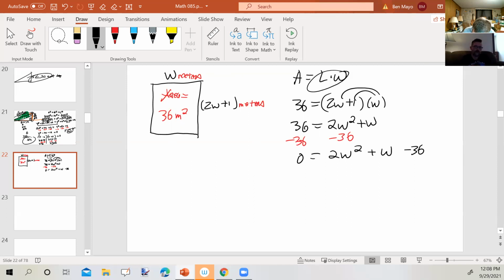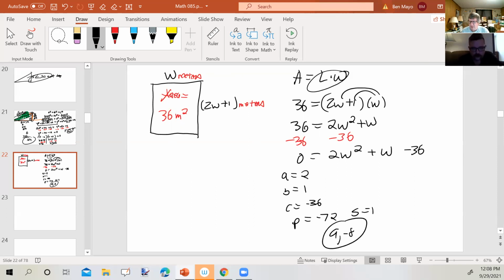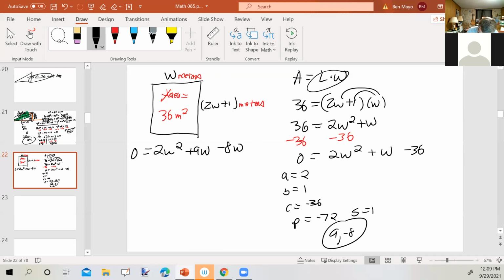So if A is 2 and B is 1 and C is negative 36, the product is negative 72 and the sum is 1. How about 9 and negative 8? 9 times negative 8 is negative 72. 9 plus negative 8 is positive 1. So now my equation becomes 0 equals 2W squared plus 9W minus 8W minus 36.